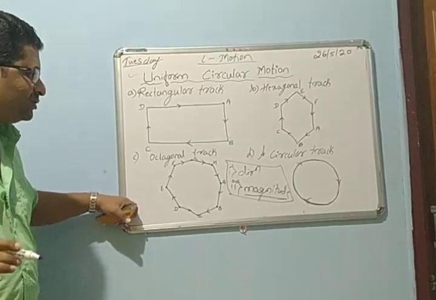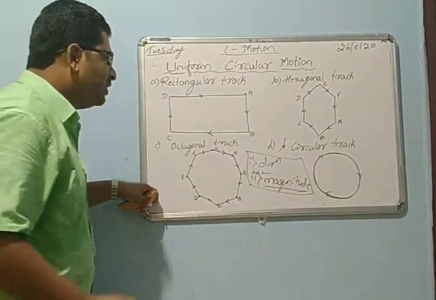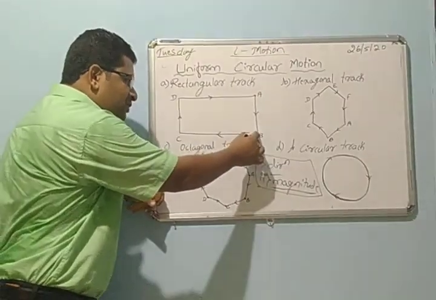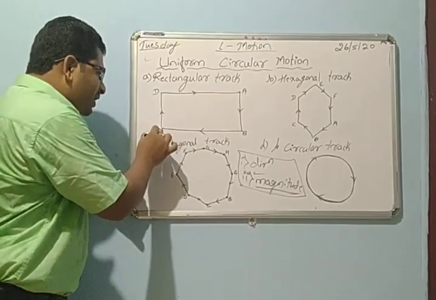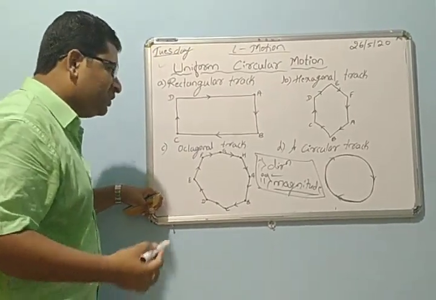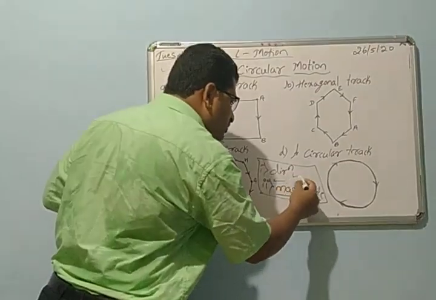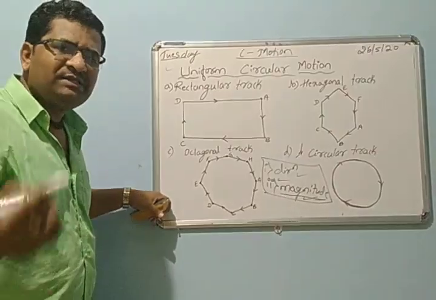While changing the direction, it has to change the magnitude of the velocity, and after changing the direction, it reaches C. At the point C, again it has to change its direction. To change the direction, it has to change the magnitude of the velocity in order to balance itself.